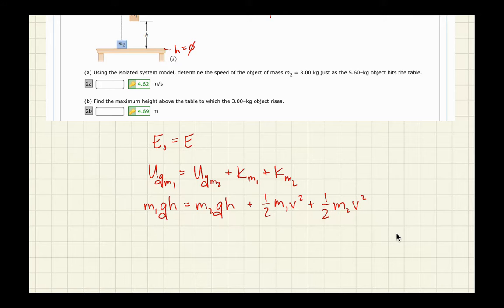Simplifying this a little bit, it would be M1 GH minus M2 GH equals 1/2 M1 V squared plus 1/2 M2 V squared.